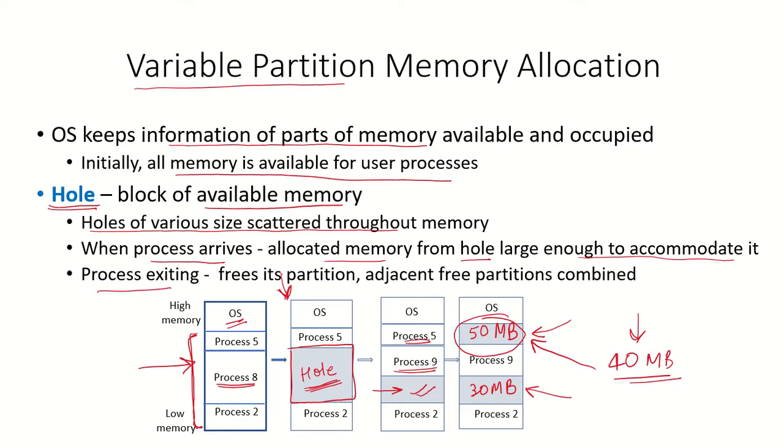And when the process exits, it frees the section of memory that was allocated to it. And if the free partitions are adjacent to each other, then they can be combined.